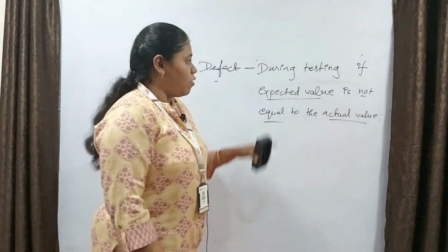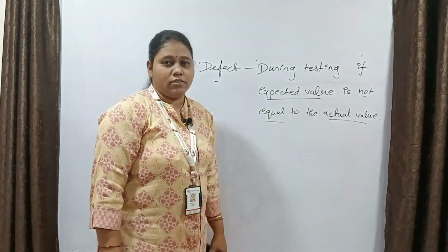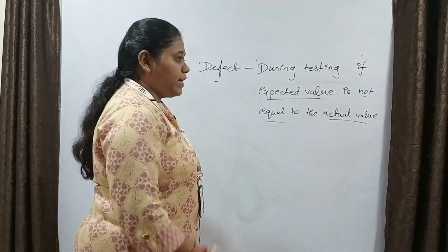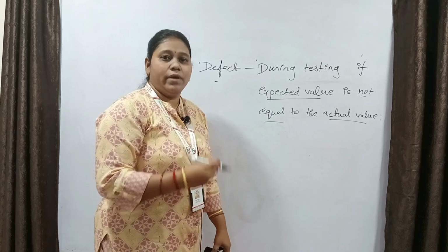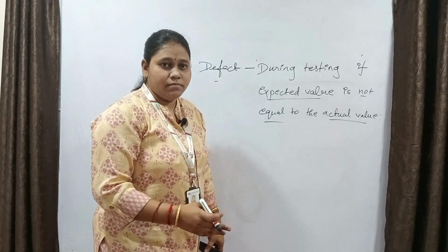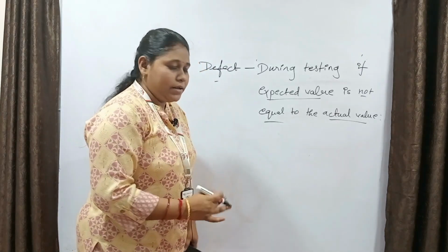Now you would have the question, what is this expected value? What is this actual value? During testing you are expecting something to be here as a result. So I'll give an example here.